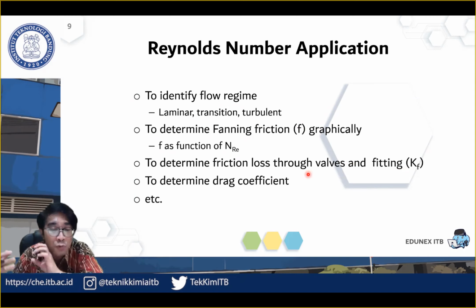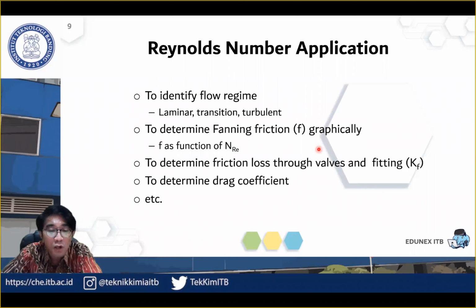It can be used to join the pipe, to join different sides of the pipe, to branch the pipe, or maybe to adjust the flow rate by placing what we call valves.